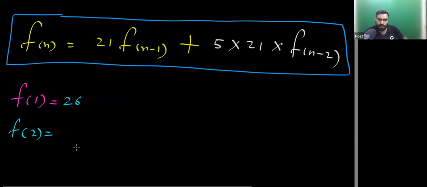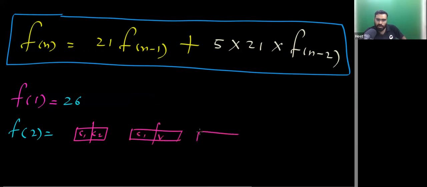What is F2? You cannot have consecutive vowels. For F2, you can have consonant consonant, consonant vowel, or vowel consonant. Consonant consonant is 21 multiplied by 21.